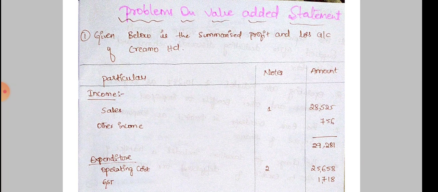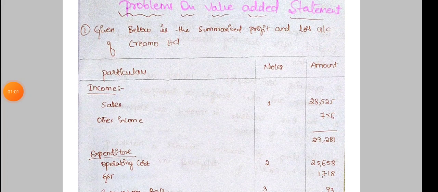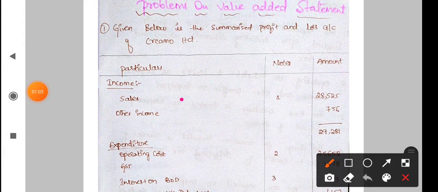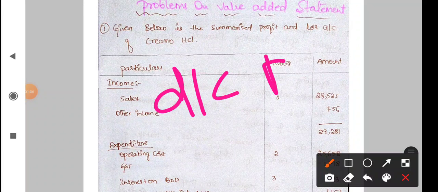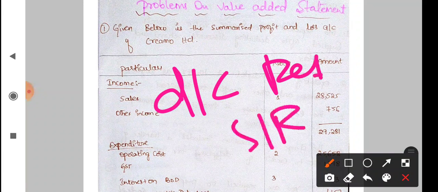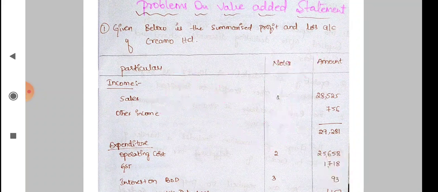So note number 1 is telling us the final sales amount, that is 28,525, is got after deducting the discounts, returns and sales tax. So we need not do anything, we have to just take this amount directly.